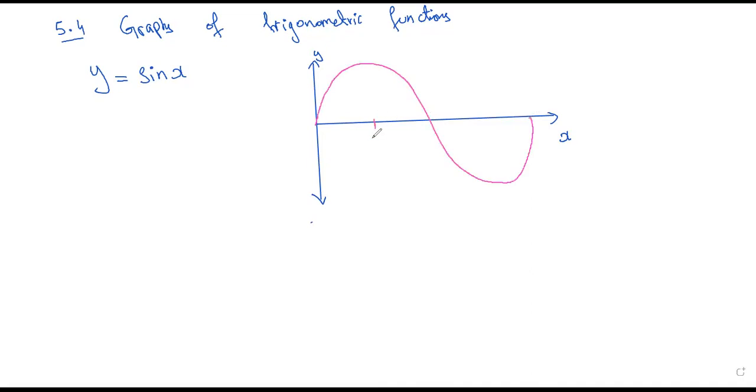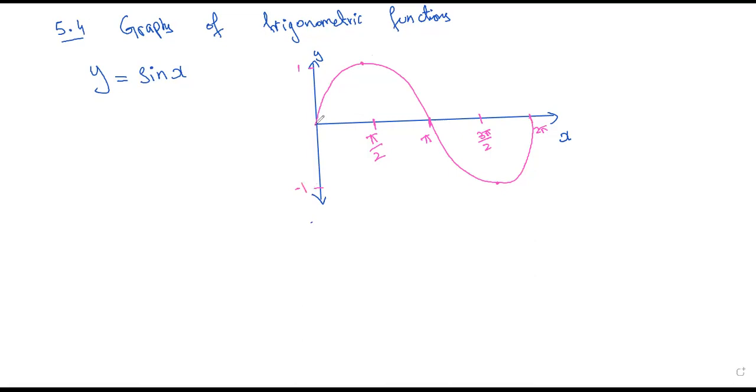This value is pi by 2. This is pi. This is 3 pi by 2 and this is 2 pi. At this point, the value of y is 1. And at this point, the value of y is minus 1. You can double check all this from your calculator.